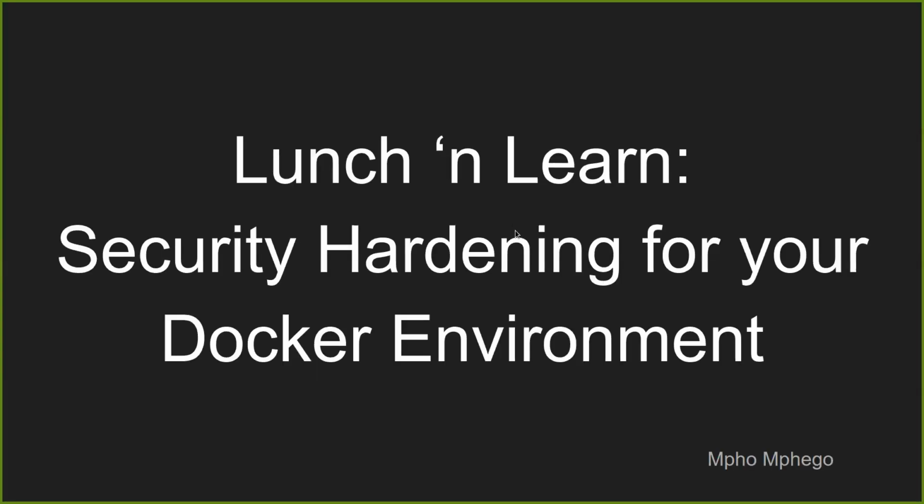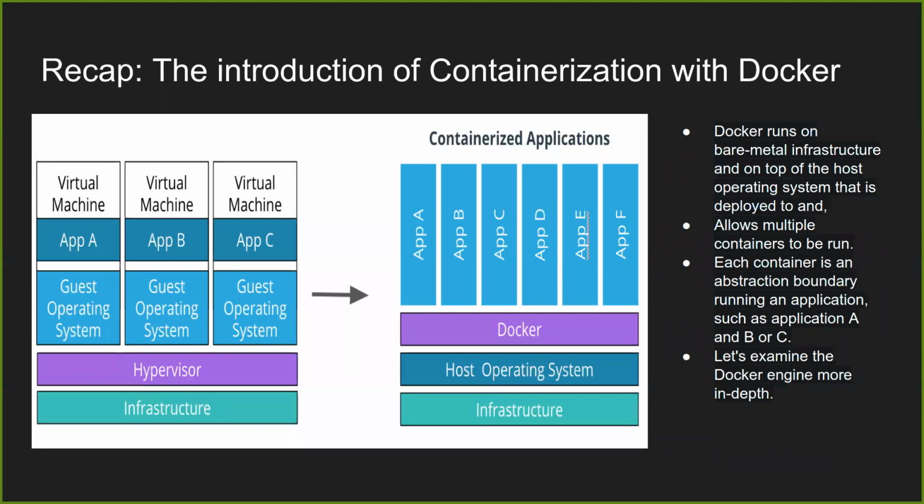All right, so this Lunch and Learn is mostly about security hardening for your Docker environment. And just a recap from the last time we spoke about Docker, in case you missed it: we know that Docker runs on bare metal infrastructure and on top of the host operating system that it is deployed to.